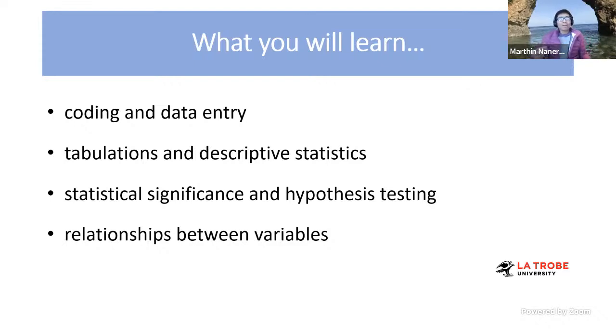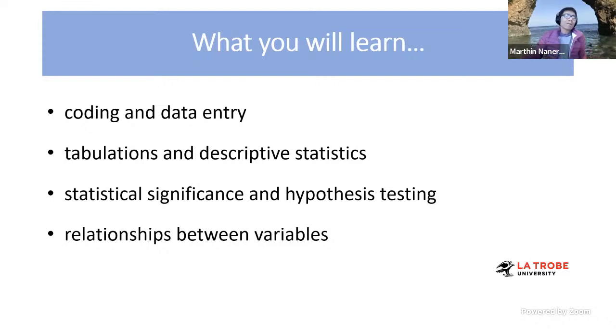And one easy thing to remember is when the test is significant, which is when the probability value is less than 0.05, you can say that the test is significant, and then you can reject the null hypothesis. That means there is a relationship or association or correlation.